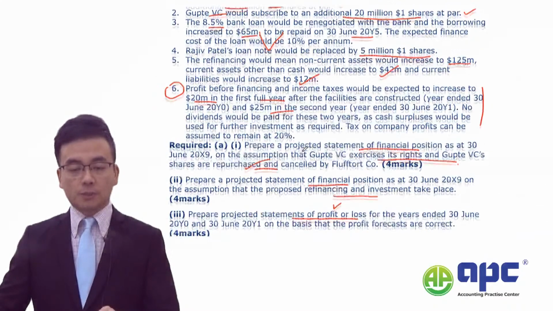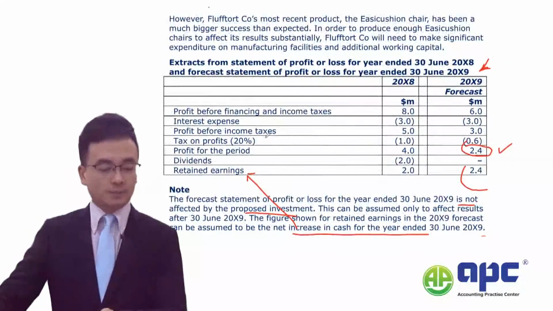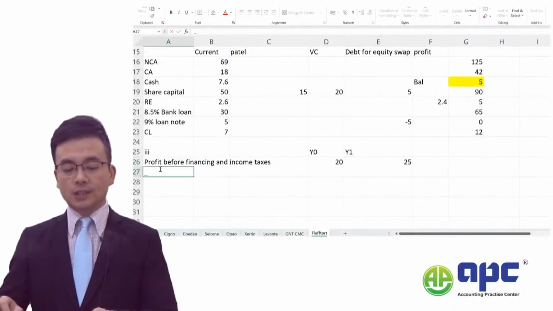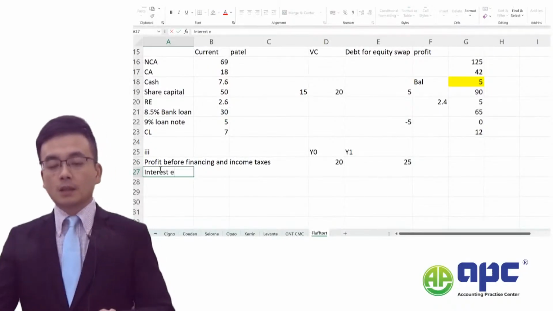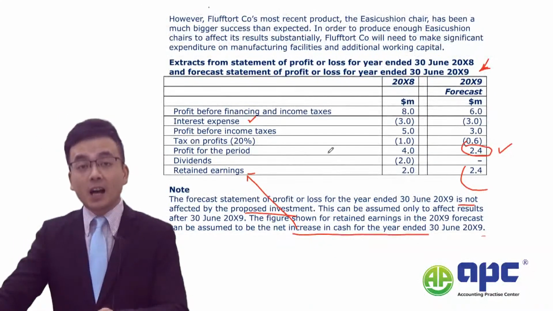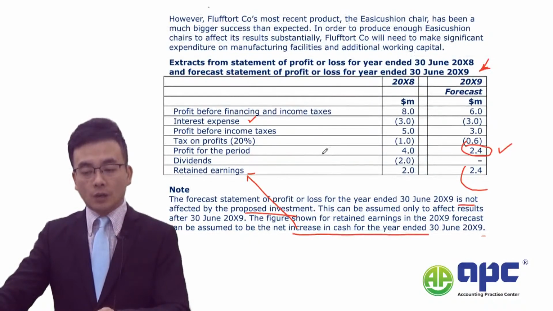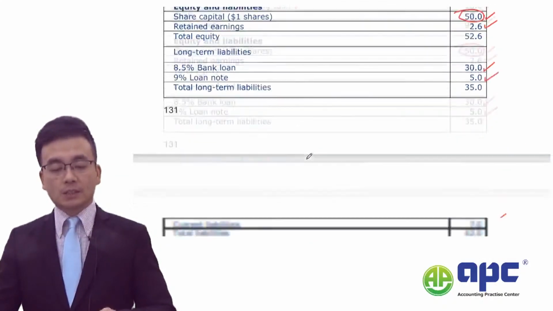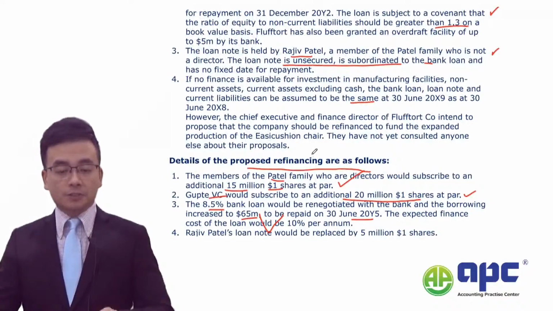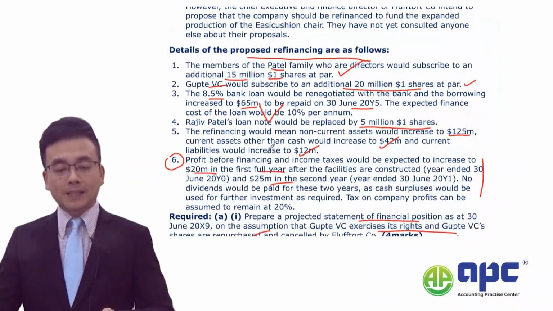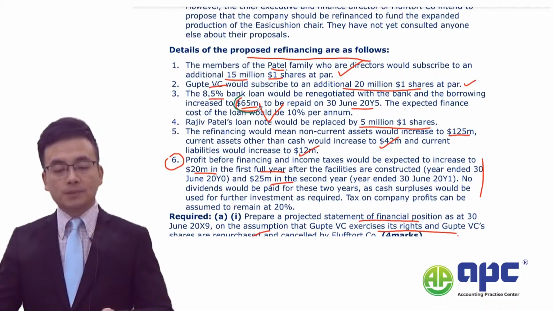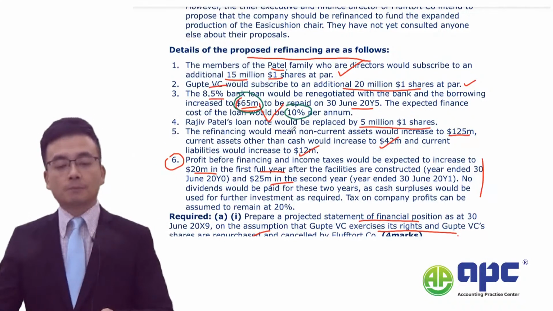And according to the structure of the P&L, as you can see, this just subtracts the income taxes. Sorry, this just subtracts the interest expenses. Now, what will be the interest expense? Because now you've paid off the loan note already. Supposing that your forecast of the refinancing is correct, with the bank loan you will need to pay interest on that $65 million at 10% each and every year.